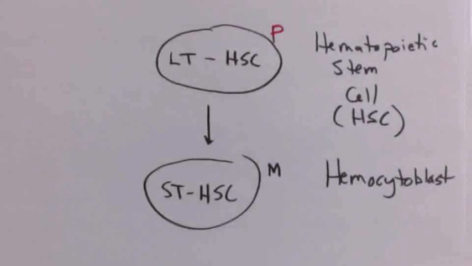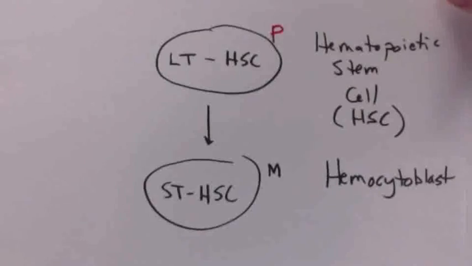If you were to follow one of these through a lifespan, you would see that it would leave, for example, the red marrow associated with your femur, hang out for a bit in the bloodstream, and then take up residence again in a red marrow associated with your vertebrae. So there are ways to collect these from your blood just by looking for these transient short-term hematopoietic stem cells that are going from one area to another. So that is our short-term hematopoietic stem cell.